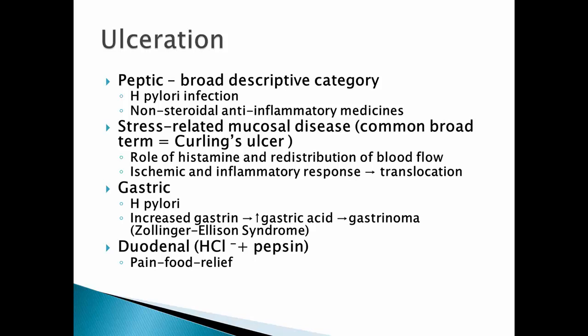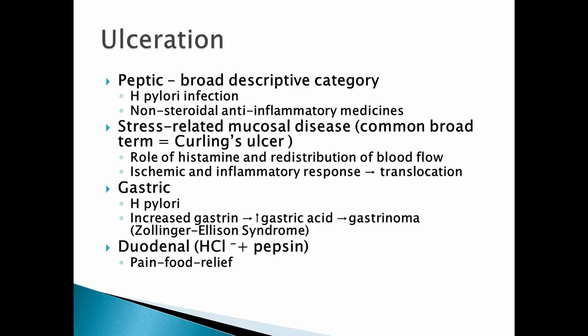So once again, you've changed that environment and now you have caused an ulceration. In general, regardless of the cause of an ulceration, in all cases, the key to ulceration is breakdown of the mucosal barrier. Remember that that mucosal barrier in the GI tract, throughout our GI tract, is an incredibly protective barrier.